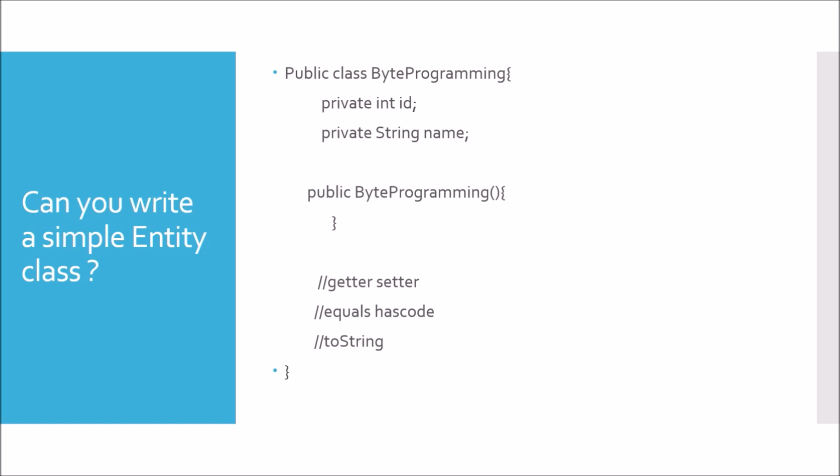Only for 7 to 10 fields, your code for an entity class would look cumbersome. So the next question an interviewer may ask you is how to make this class clean. Moving to the next question.